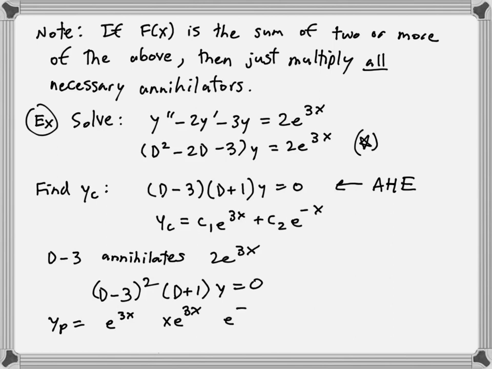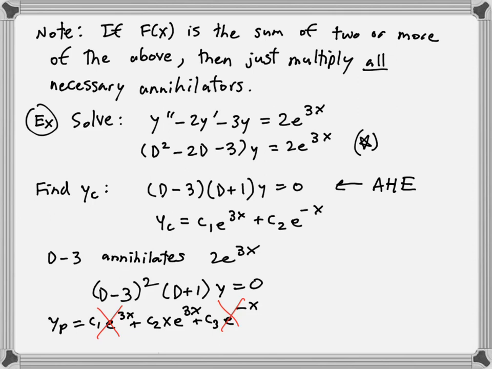And then we have an e to the negative x term, right? So I have a C1, I have a C2, and I have a C3. But don't worry, our YP does not need all of those because we throw away the terms that already appear in our YC. So I notice that I have this term that appears, and I notice that I already have this term that appears. So all I really need is this extra x e to the 3x term.